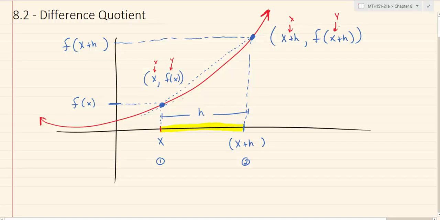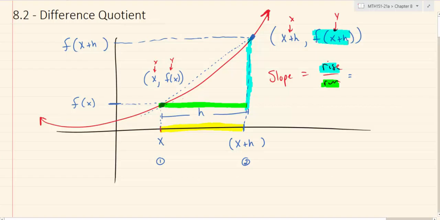How would we find the slope between those two? You guys said that slope was equal to rise over run. So here's your rise, that distance, and here's your run. So if we plug in our values, our rise is going to be the change in the y-coordinates. Y-coordinate, y-coordinate.